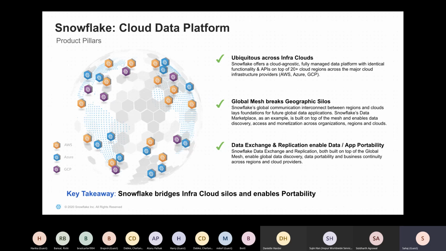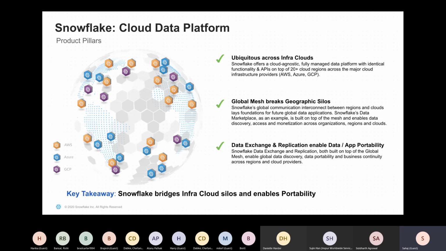The second thing is what we call internally the global mesh, which is essentially Snowflake's global communication interconnect between regions and clouds. So it's essentially cloud infrastructure work that we built on top of AWS, Azure, and GCP, so that Snowflake in these different clouds and regions can talk to other clouds and regions.